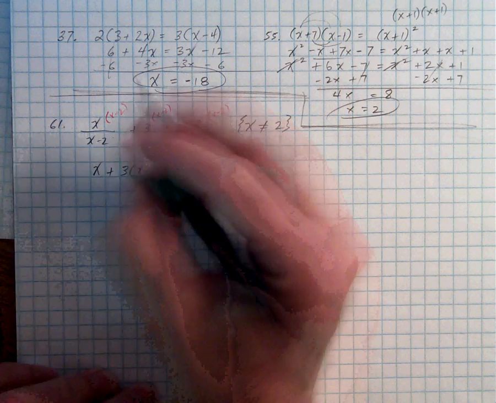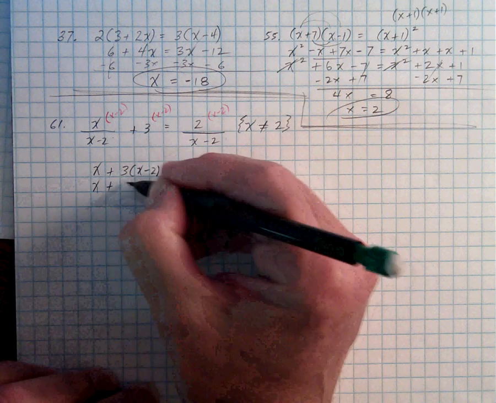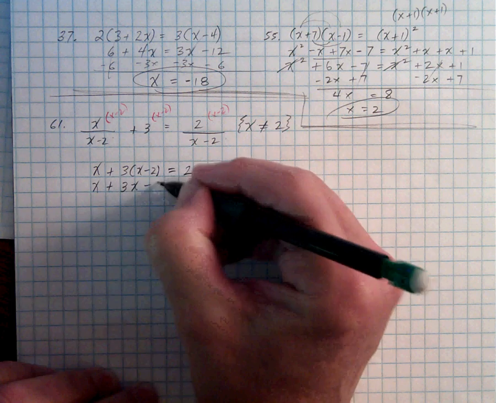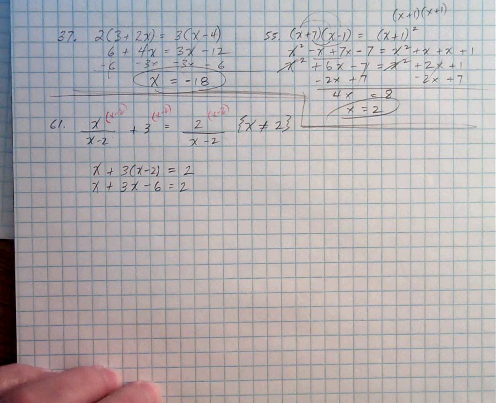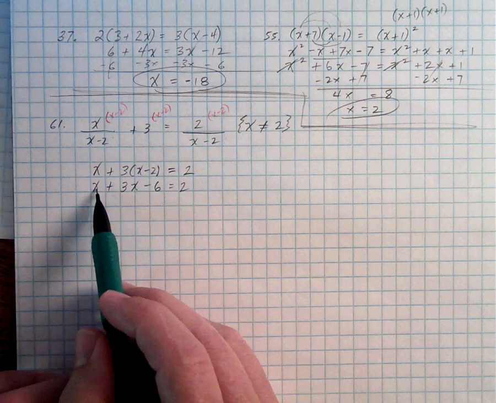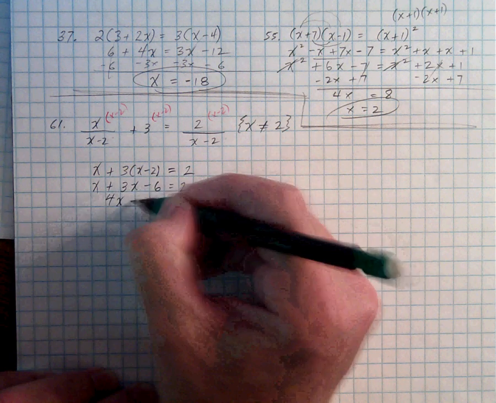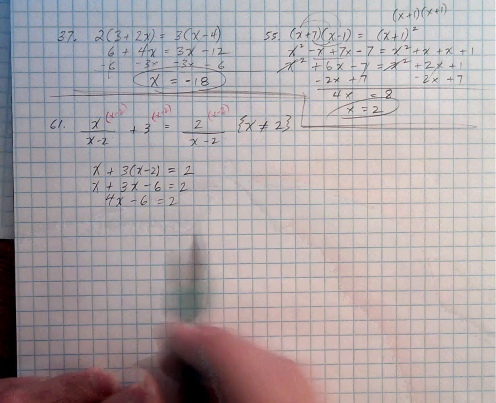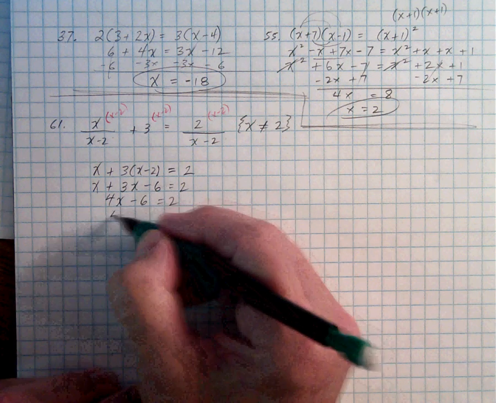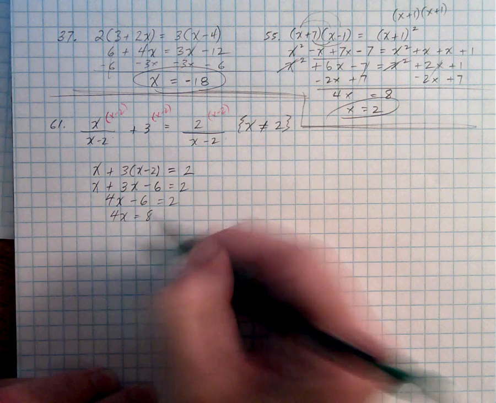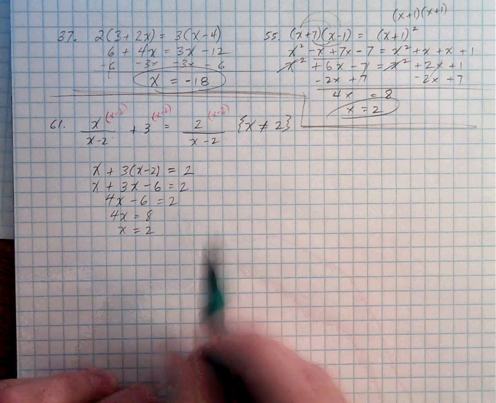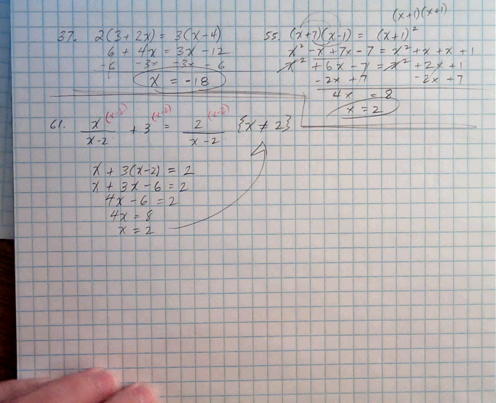So x plus 3x minus 6 is 2. And then x, that's 1x plus 3x, that's 4x. So 4x minus 6 is 2. And then I add 6, so 4x is 8. And then x is 2, but we already said x can't be 2.